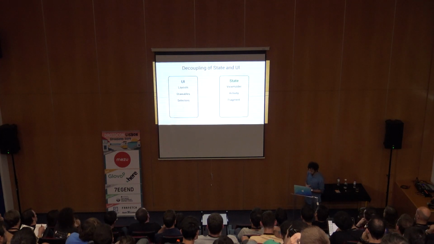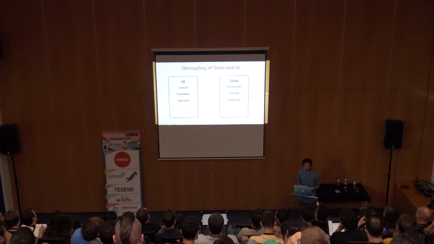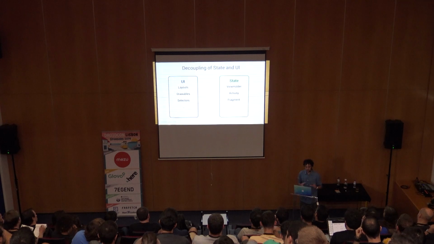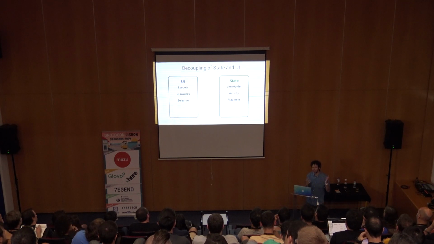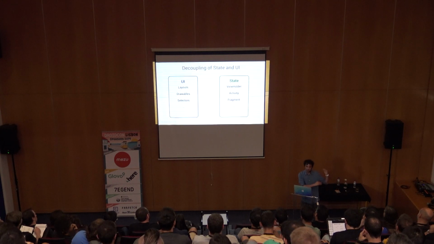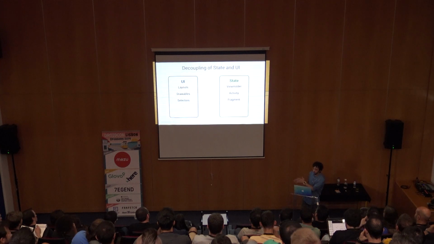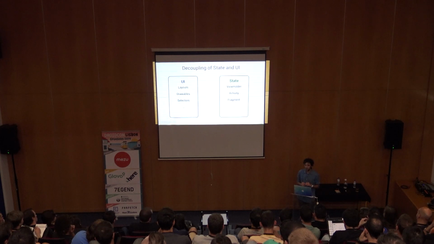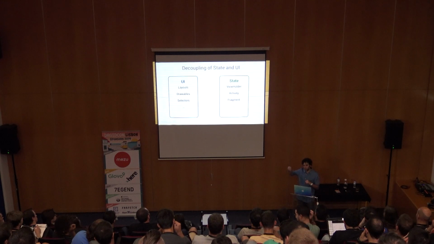Another issue with the current Android View framework is this big decoupling of UI and state. So you have your XML, it could be layouts, selectors, drawables, all these things, and they need to display data. But that data lives in your view holder, your activity, fragment, or whatever other kind of things you're using that's similar to these ones. Now the issue with this is that, yes, the first time you do your screen, that's all fine, but then you go back and forth, you do other things, and there's actually no guarantee that if you add more data that you wanted to replicate to the UI, that the compiler is going to complain.